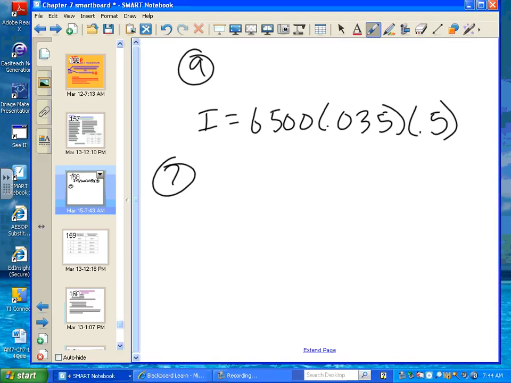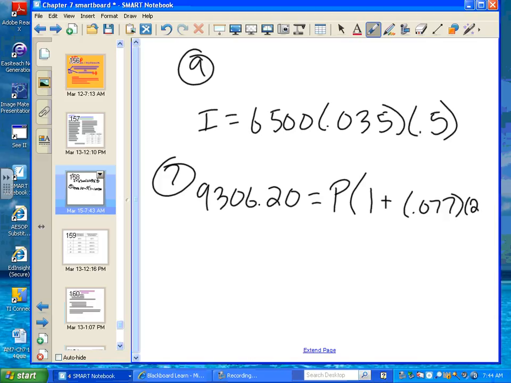Okay, so number 7, you were using the account balance formula, so you had $9,306.20, which is equal to the principal, and then 1 plus, in parentheses, 0.077, and then times 2 and 6. Make sure you're always converting months to years. And you want me to keep going?